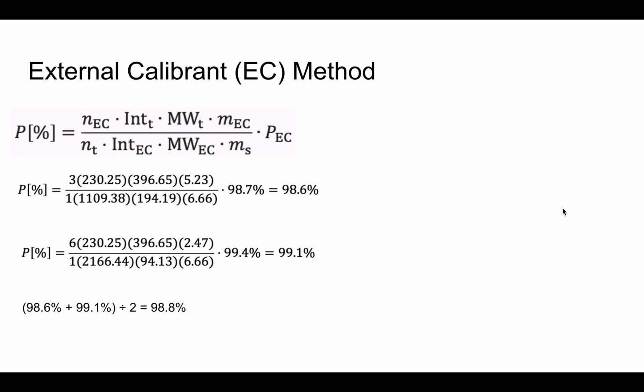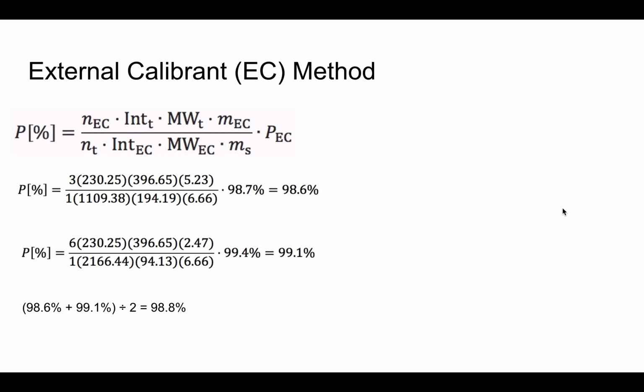We now have all the needed information required to substitute in for the variables of the equation, except for the purity of the external calibrant. Once again, the authors provide that the purity of the external calibrant is 98.7% for the caffeine and 99.4% for DMSO2.